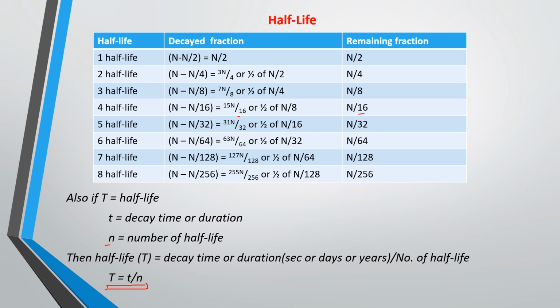Then the half-life, if it's given to you and you know the time of decay, you can find the number of half-lives, and as the case may be, we shall apply this equation when we solve some problems. So this is about half-life, and let's go further to discuss other areas of half-life and then decay constants.